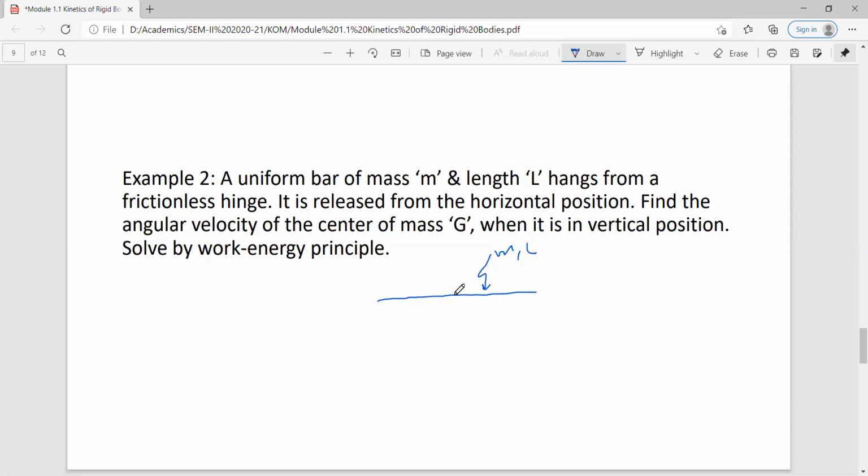Its center of gravity, that is G point, CG point will be at L by 2 distance from the point it is hanging from. Say it is the point it is hanging, like this, okay.